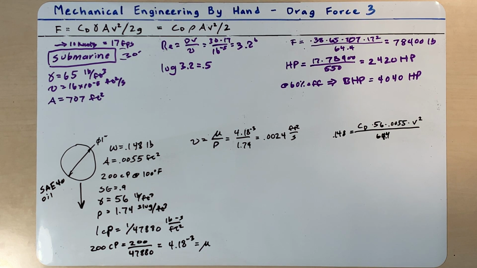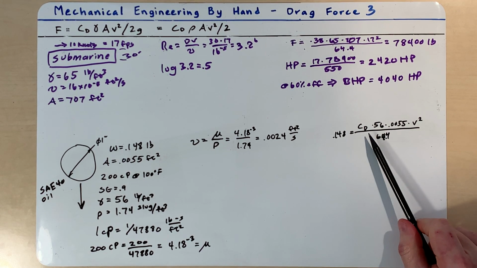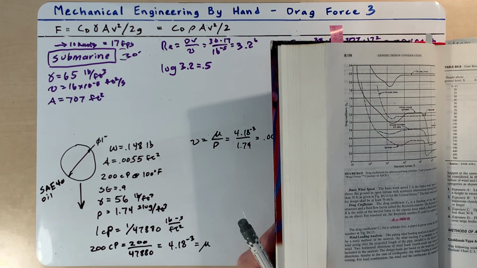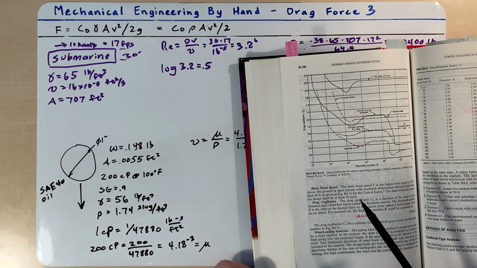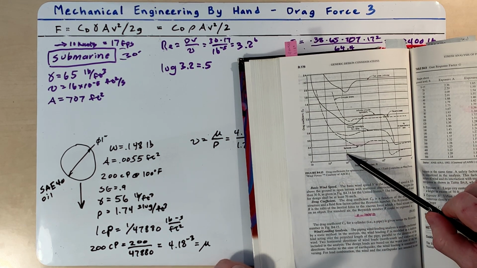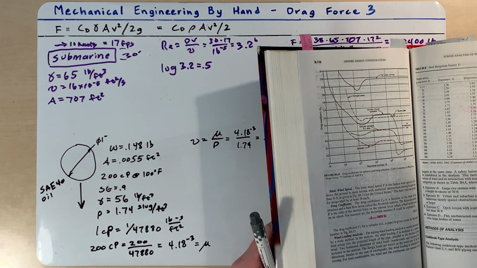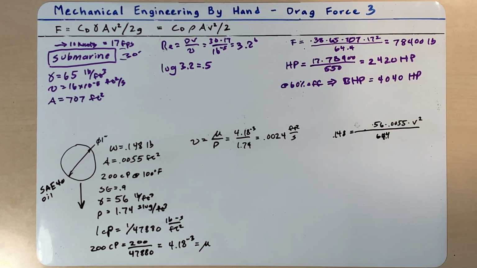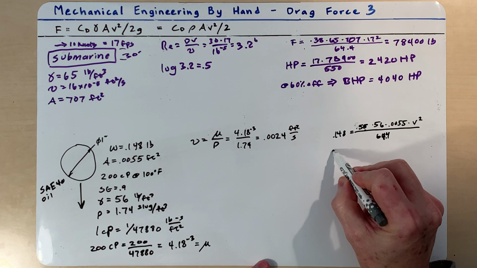Now there's two unknowns there, so I'm just going to make an assumption on the drag coefficient, and I'm going to assume that the Reynolds number is 1,000. So that would be right here, and then we go up to the line for spheres, and we see that the drag coefficient will be 0.55. So I'm going to put that in there, and then we solve for velocity.